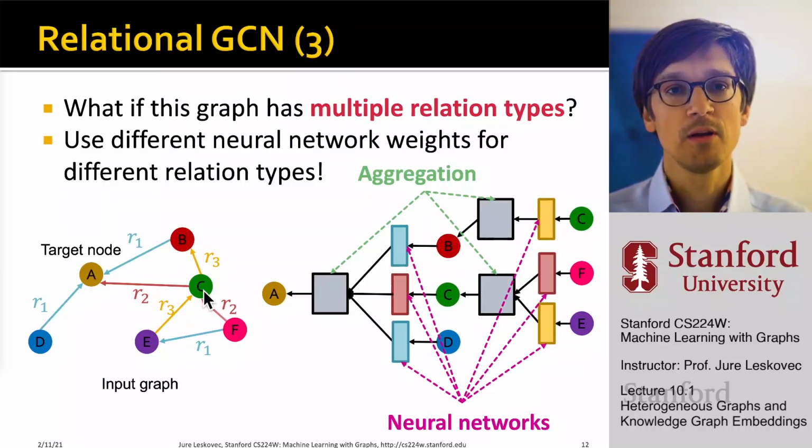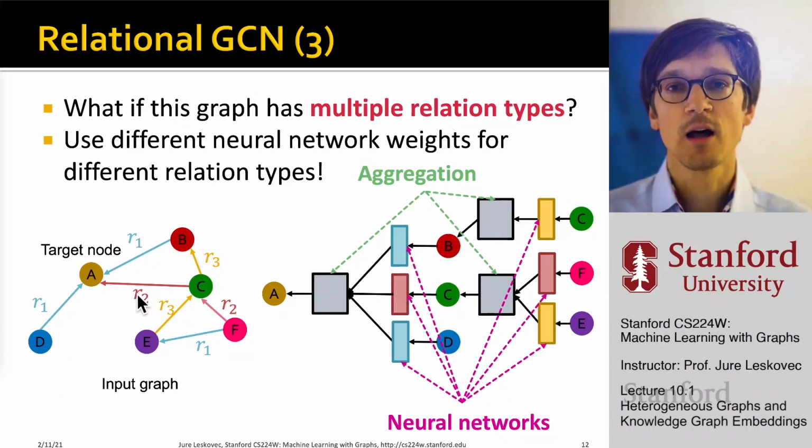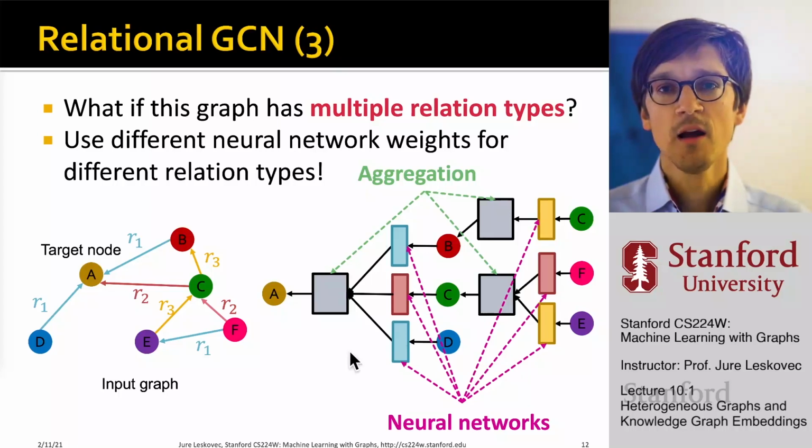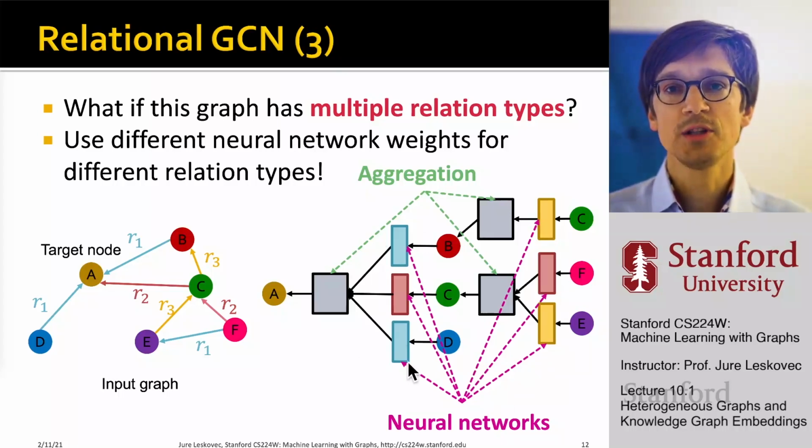While, for example, the message from node C that is connected to node A with relation R2 will be transformed with a different transformation operator, the red one. The red one is designed for R2. So here you see the difference.